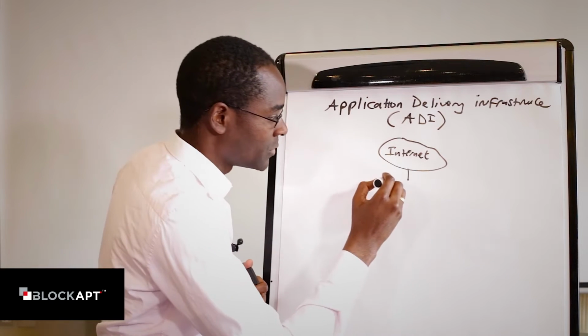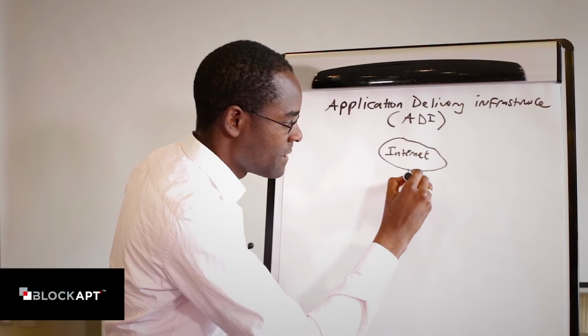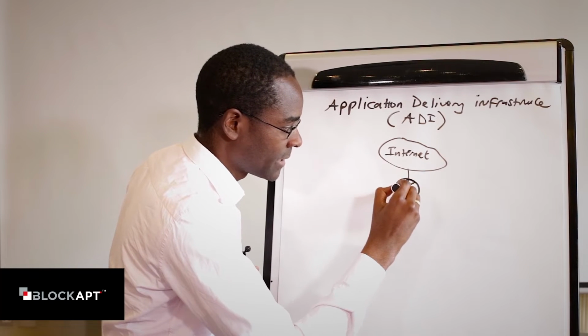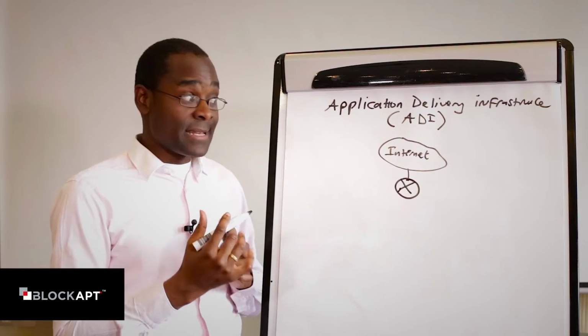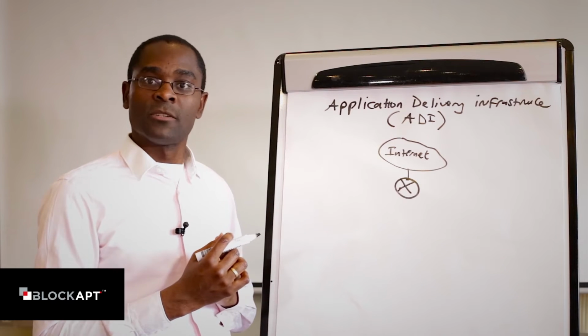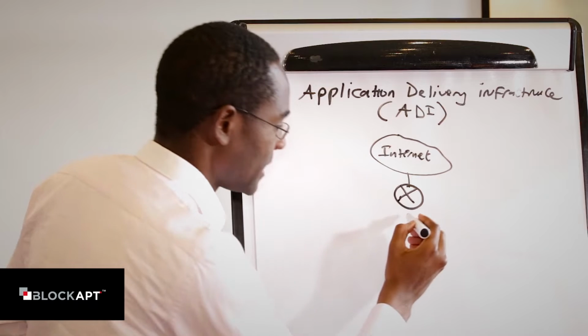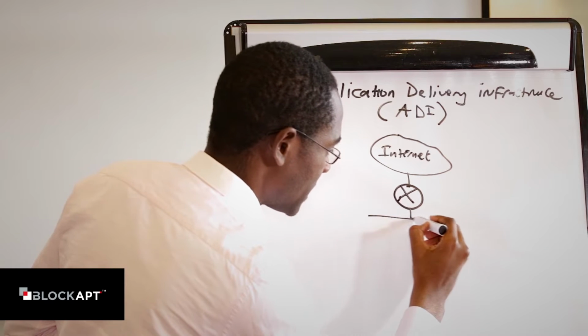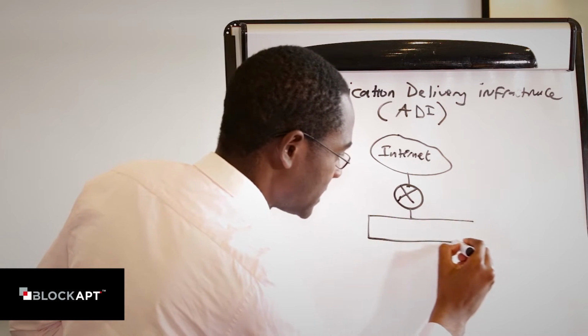Here I'm going to draw my termination point, a little router. Then, to deliver our application, of course, we need to provide some sort of security around that. So I'm going to draw my little firewall. This is the entry point.